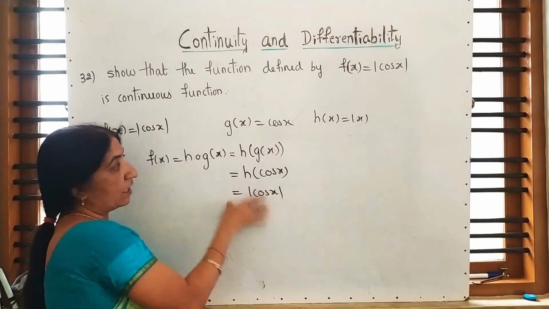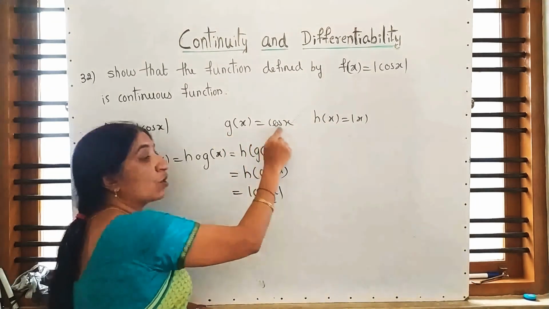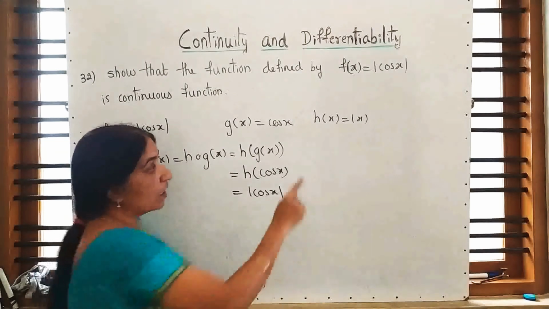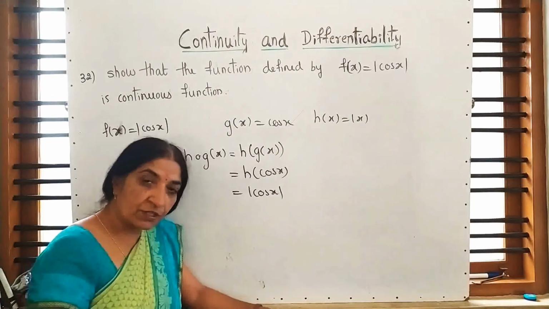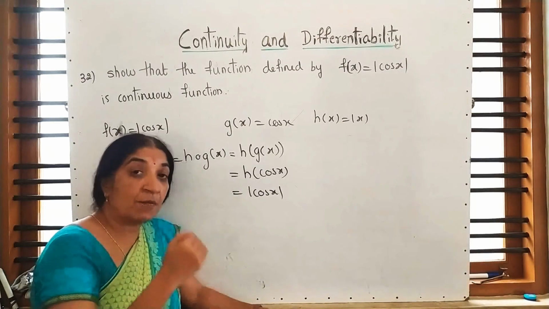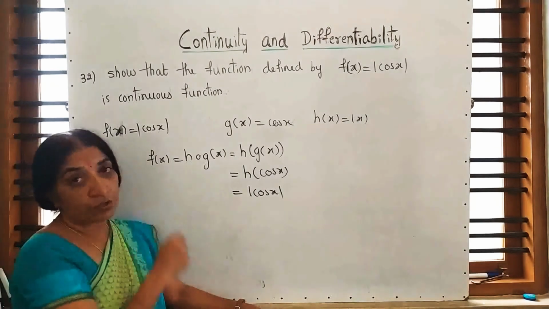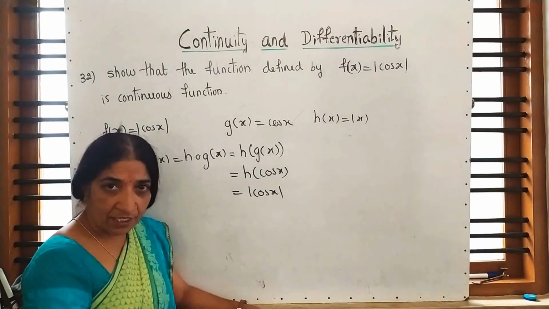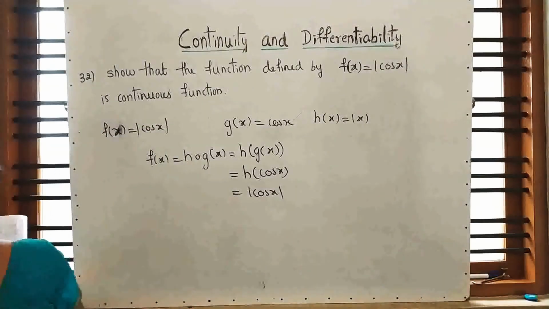After that you have to write g of x is equal to cos x is a continuous function and h of x is equal to mod x is also a continuous function. Therefore its composition f of x is also a continuous function. Can you write that? Just a small part I leave with the students to make you perfect.